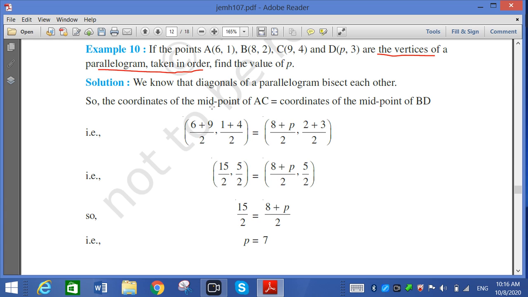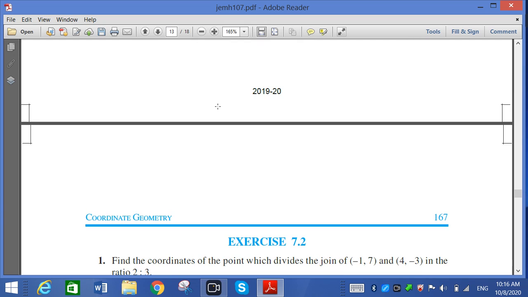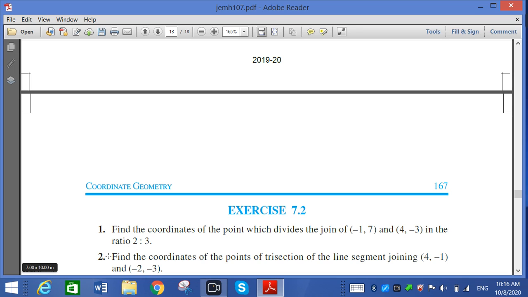So the same sum we have to do now in exercise 7.2. In exercise 7.2, first we go for question number 2. Find the coordinates of the points of trisection of the line segment joining (4, -1) and (-2, 3). So what do I write first?